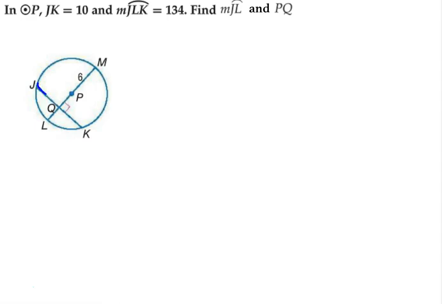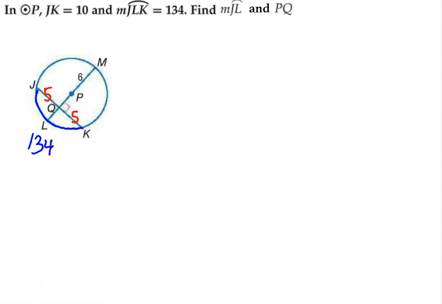So if JK, this whole thing is 10, remember my little segment that connects it to the center cuts it in half. So that means this guy is 5 and this guy is 5. And then we were also given that JLK, so this arcy arc right here is 134.